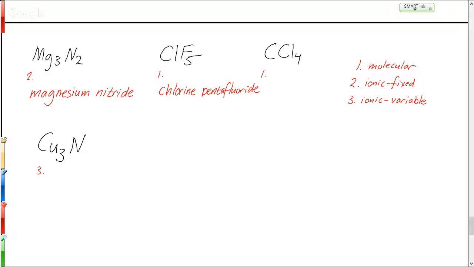Next one, again, molecular. So we're going to specify how many of each thing there is. So we've got 1 carbon and 4 chlorines, and we call that carbon tetrachloride.